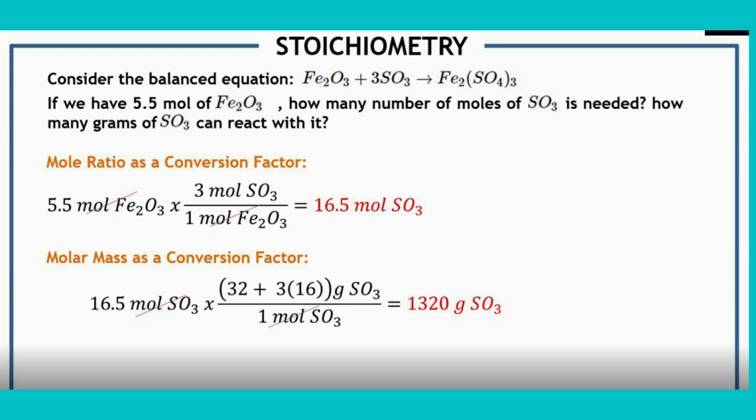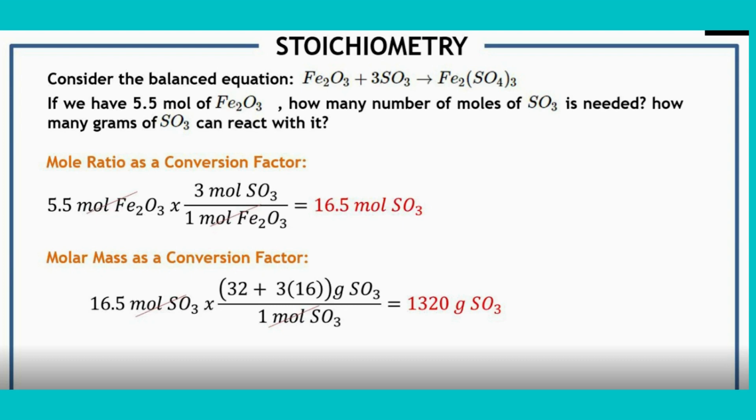Then oxygen in the periodic table is 15.9 something. You can round it off to 16. Then times 3 because of its subscript 3. So just use your calculator. 32 plus 3 times 16. Multiply to here and you'll arrive at this answer. So this is the answer for the second question.